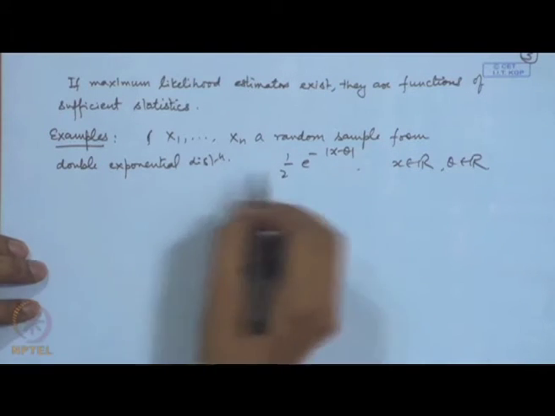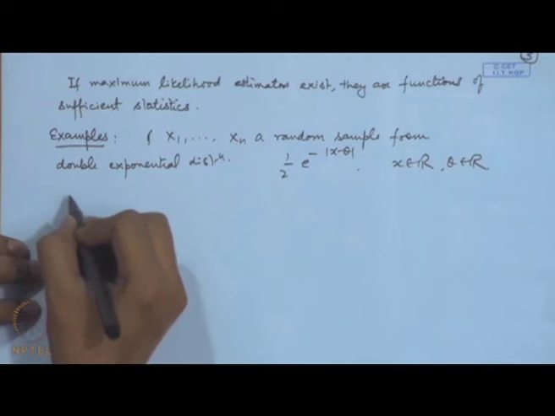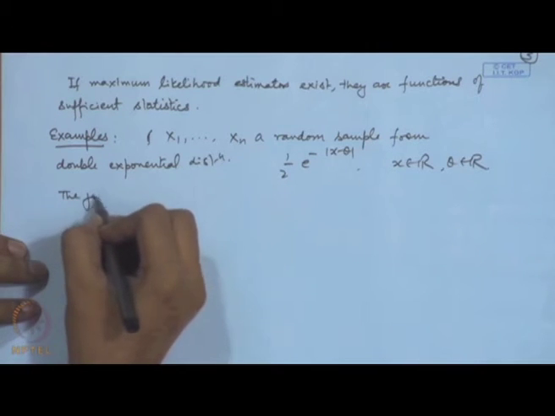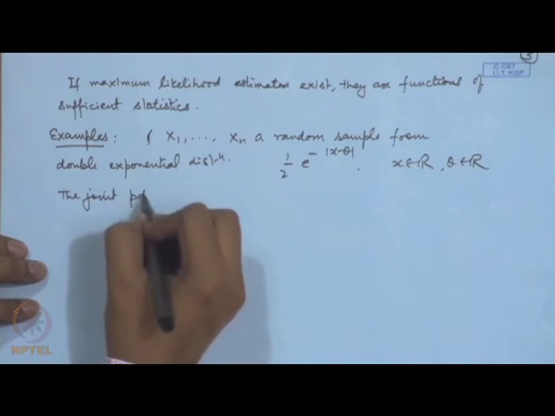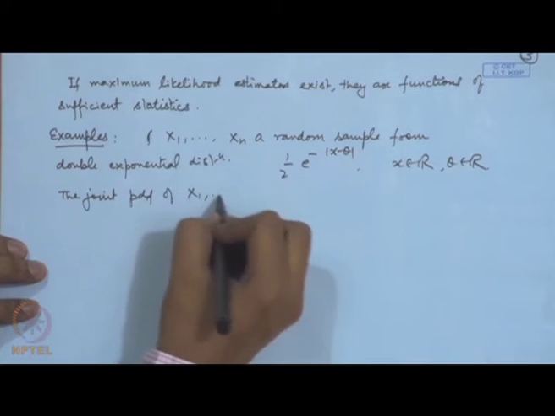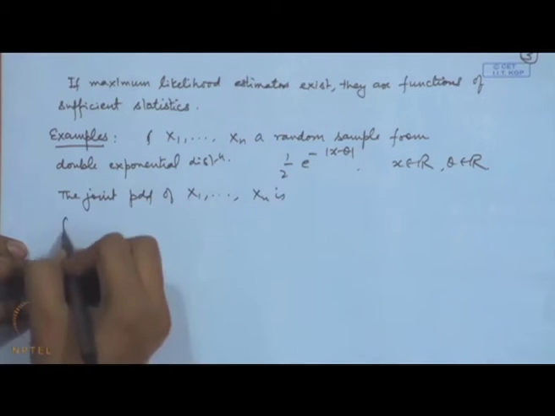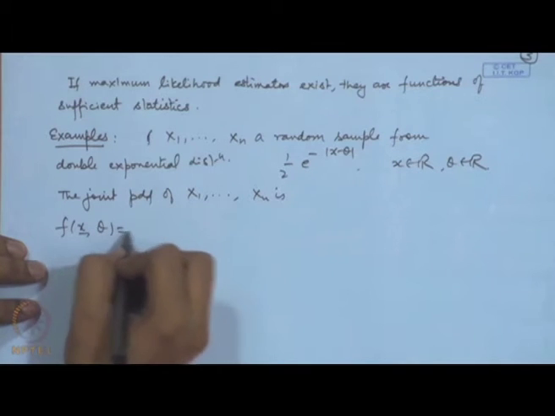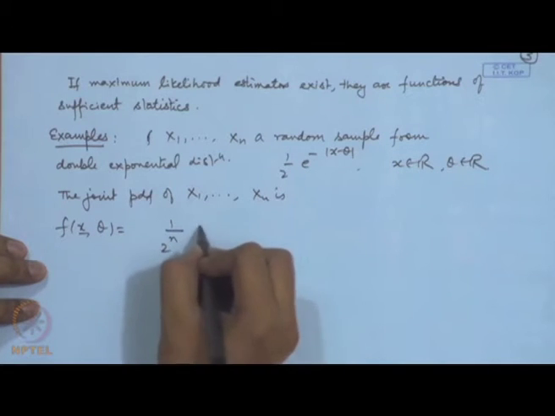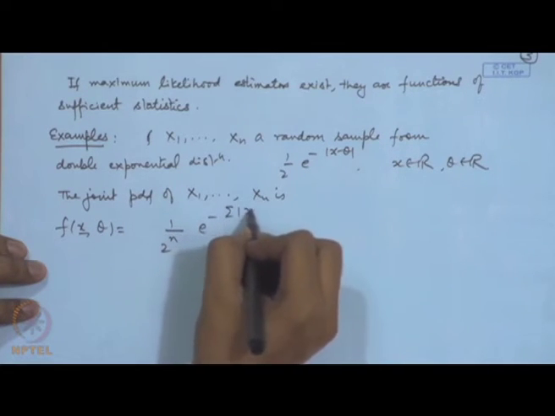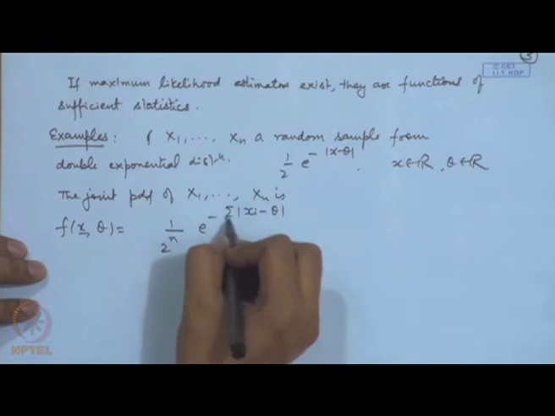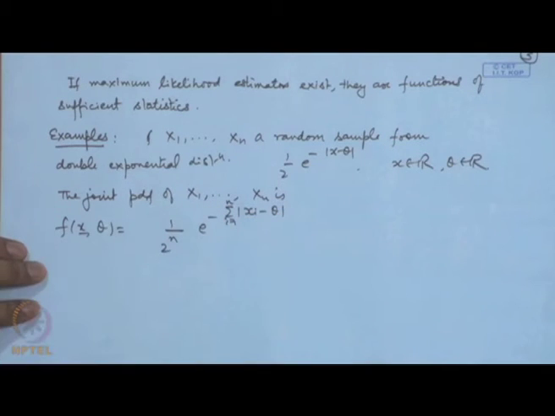In this case, if we consider the sufficiency, so the joint distribution of x1, x2, xn, that is equal to 1 by 2 to the power n e to the power minus sigma modulus xi minus theta, i is equal to 1 to n.